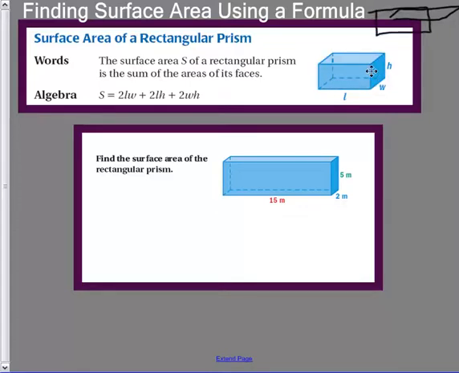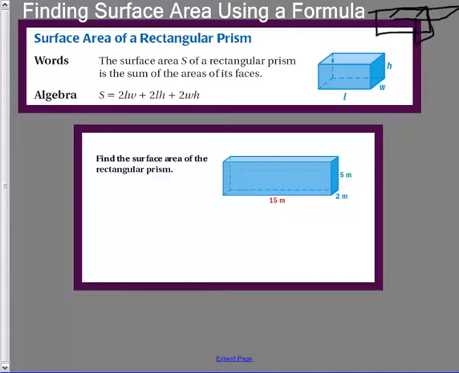If we took 2 times the width versus the height, it would be these sides of the shape. Notice that we have 2 of each, so that's why we take 2. So you can find the area of each one of these and then double them.